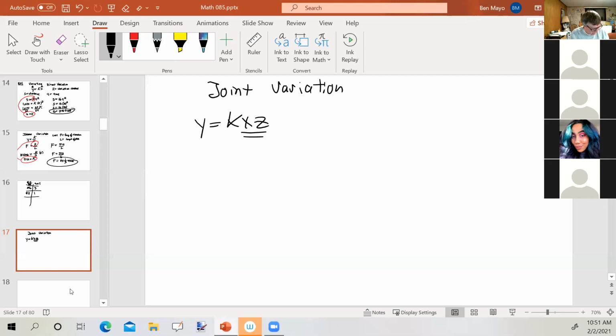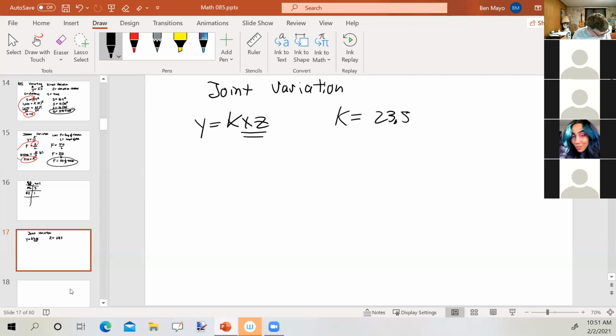The variation constant is 23.5. So in this case, they're telling us the variation constant is 23.5. Not only did they mention it, they told us what it was. Find the number of gallons that can be stored in the cylindrical tank shown.